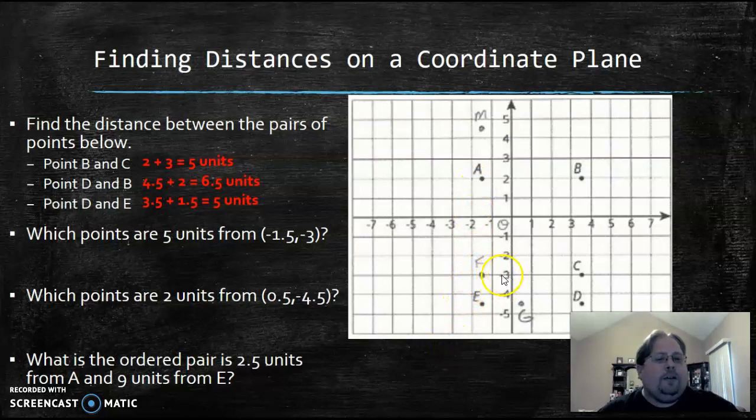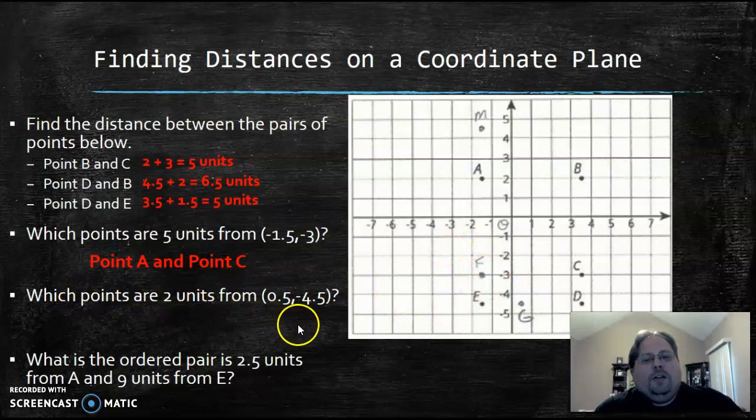And if we look to the right, we can go 1.5 units to the y-axis, and then we need another 3.5. So we go another 3.5 to point C. 1.5 plus 3.5 is 5 units. So point A and point C are both 5 units from that point F that we drew on there.